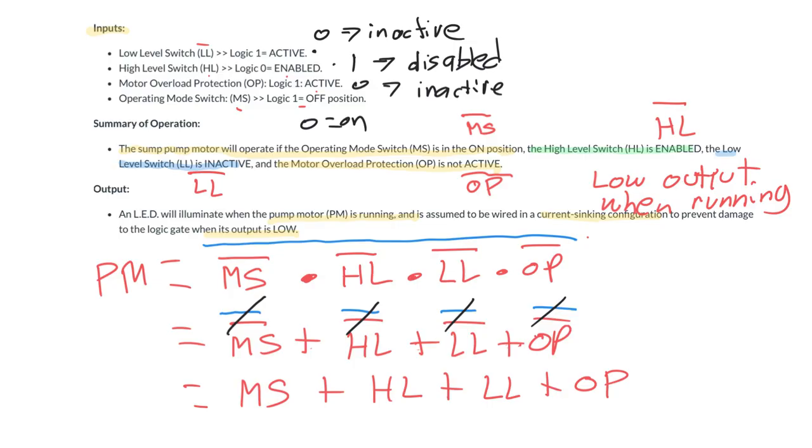Now this current sinking thing, so each logic gate family, is there anything else that I would like to add? No, I don't think so. Of course, if you wanted to, you could put these two in the truth table, and see that you end up with the same response.